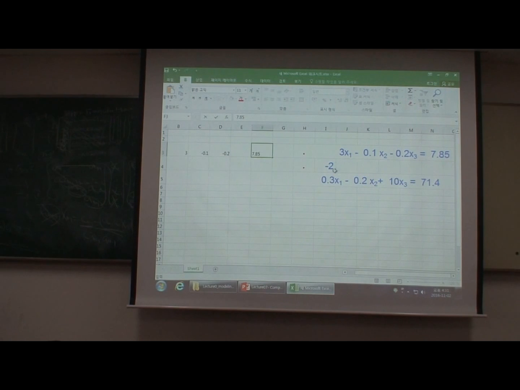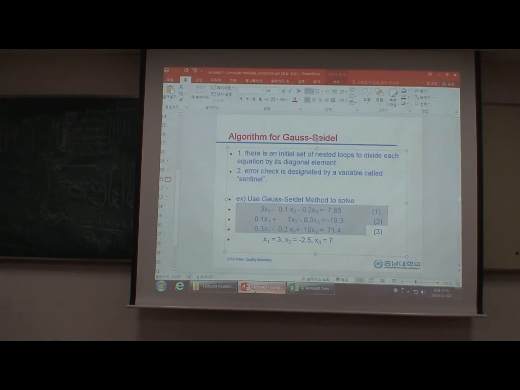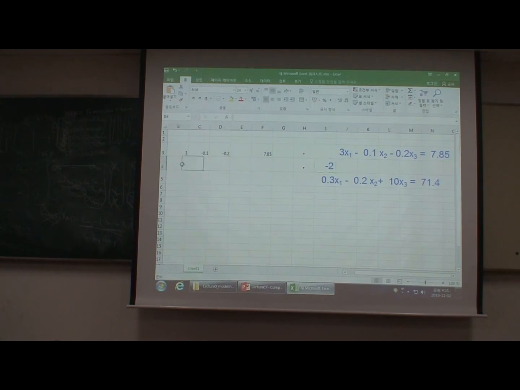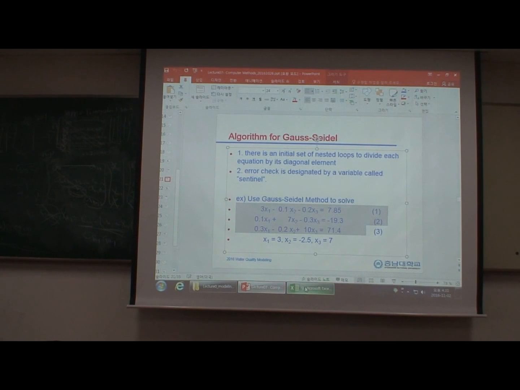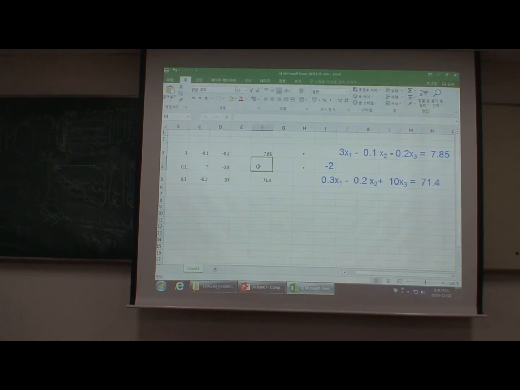Second line: 0.217, minus 0.2. Then 0.3, minus 0.2, 10, 71.4. And then how much was it? This one is 19.3. Okay.